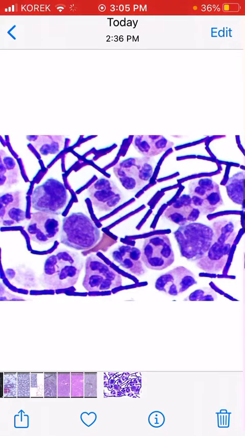What type of media is used? The answer is blood agar media. Blood agar should be used to detect anthrax. The temperature is 37 Celsius as other bacteria, and the pH of the medium should be between 7.5 and 7.8.